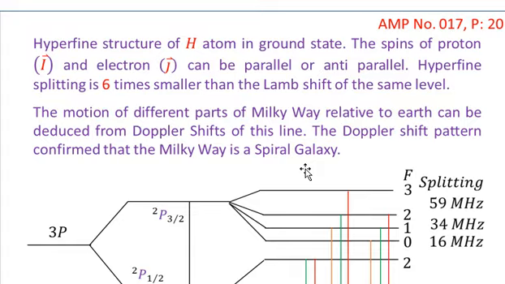In the Milky Way galaxy you have a very large number of stellar objects, and for some of them you can measure the Doppler shift of this line, and from that you can deduce the structure of the Milky Way to be a spiral galaxy.